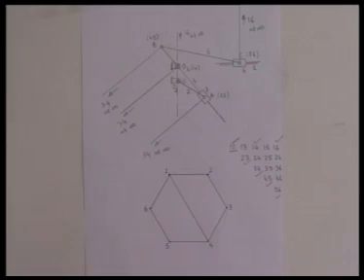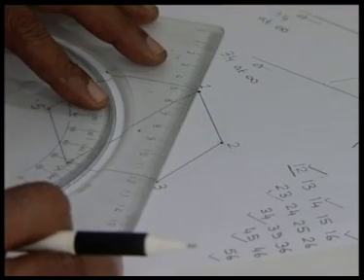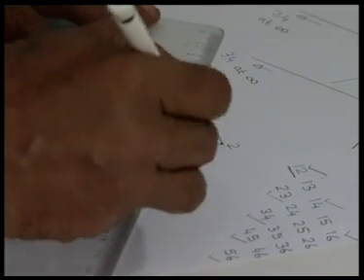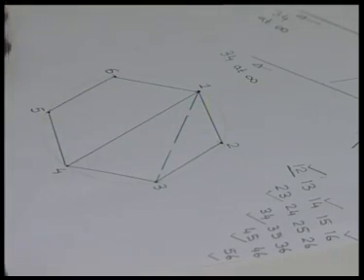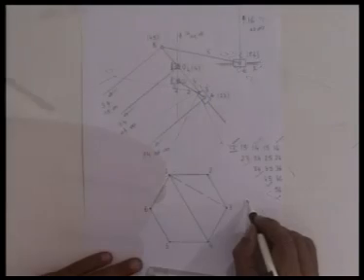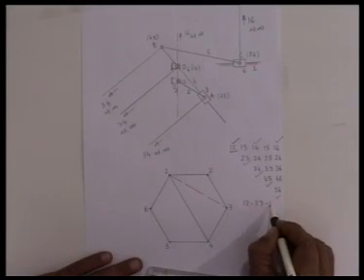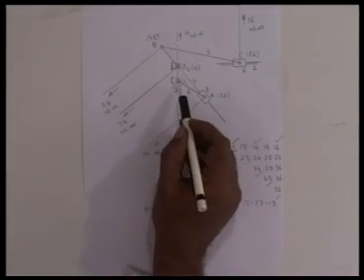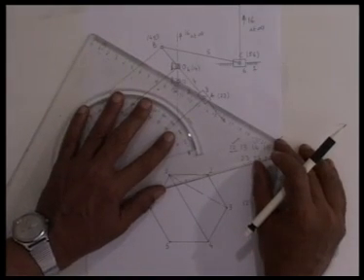For example, I can determine, say, this diagonal (1, 3). How is as follows? We consider that 1, 2, 2, 3, and 1, 3 are collinear. We have already drawn 1, 2, and 2, 3. So, 1, 3 must be lying on this line.